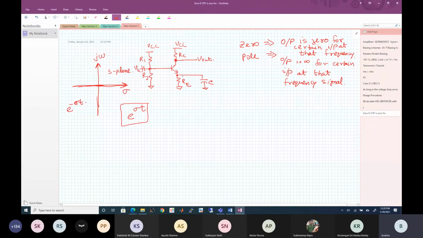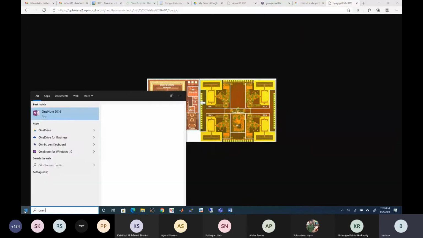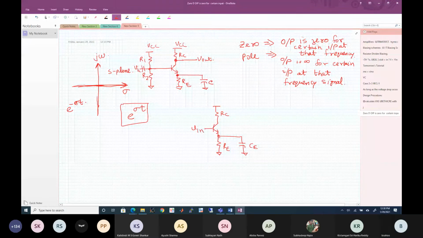So now let's try to understand this. If you look at this circuit, what is the circuit of relevance to analyze for the gain? This is RC, this is RE, CE, and Vin, and this is Vout.